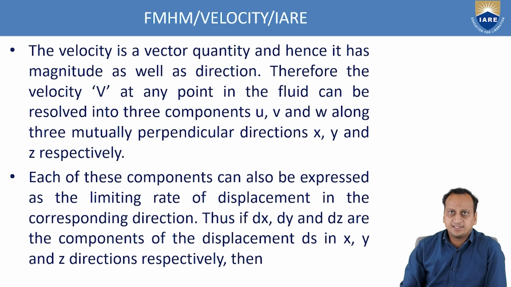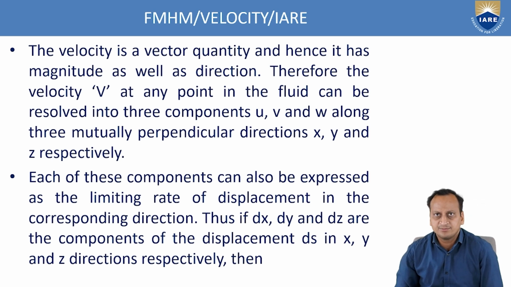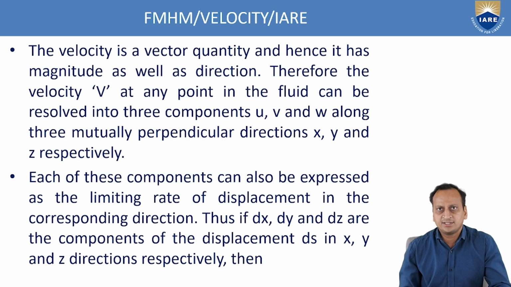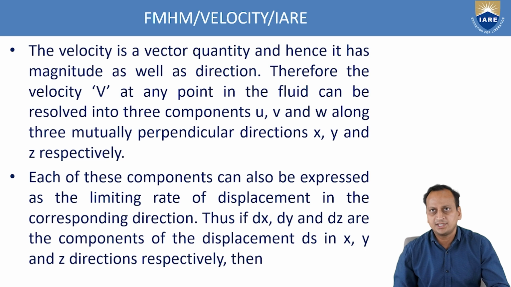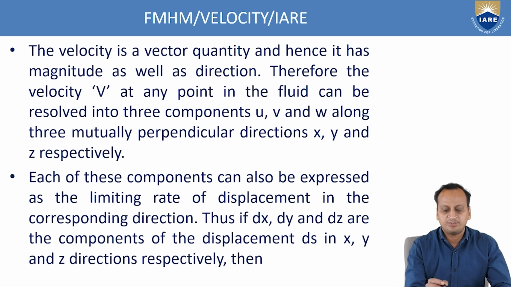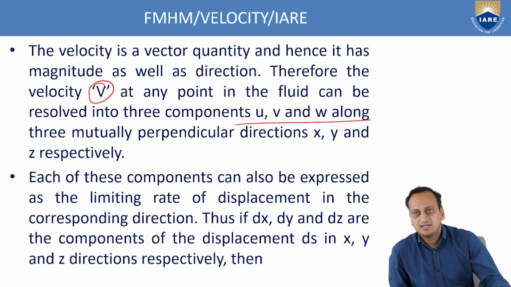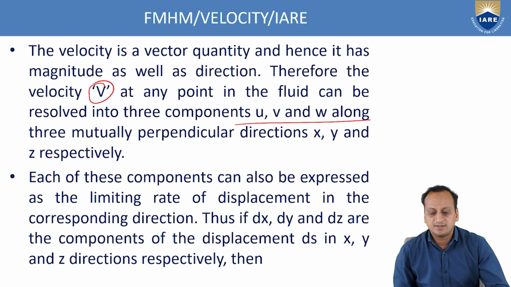The velocity is a vector quantity and hence it has magnitude as well as direction. Therefore, the velocity V at any point in the fluid can be resolved into three components about three mutually perpendicular directions x, y, z, and the velocity components are u, v, w respectively.